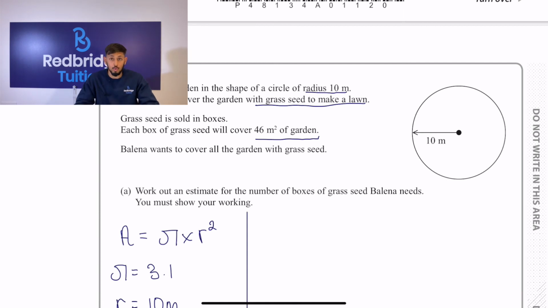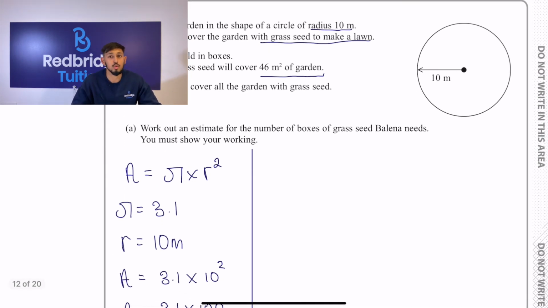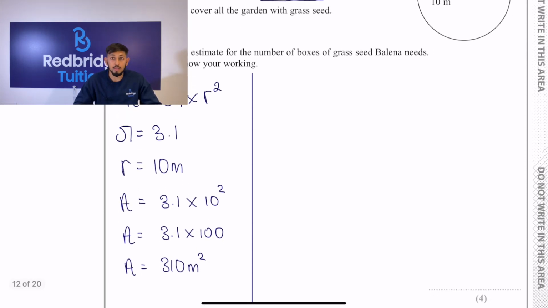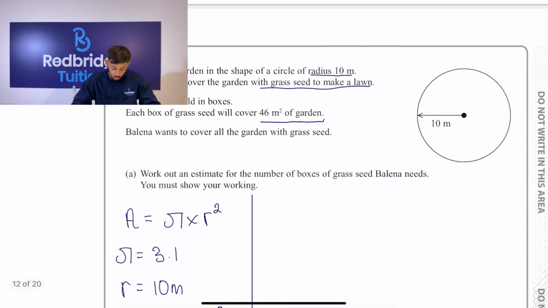The second part of the question tells us the amount of grass seed each box covers. That's 46 meters squared. Now, to work out the total number of boxes required, we need to divide the total area by the amount covered by each box.